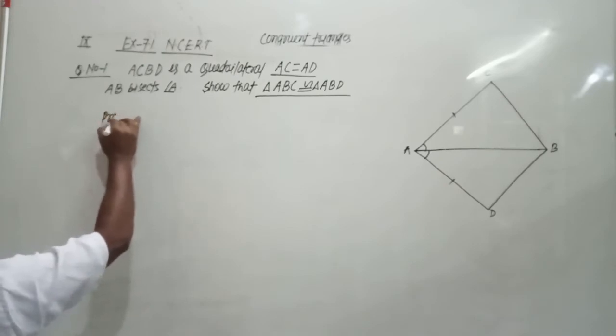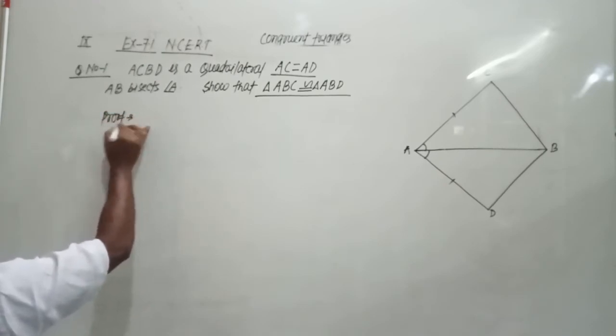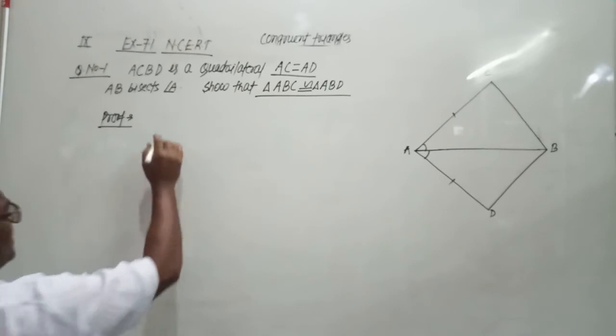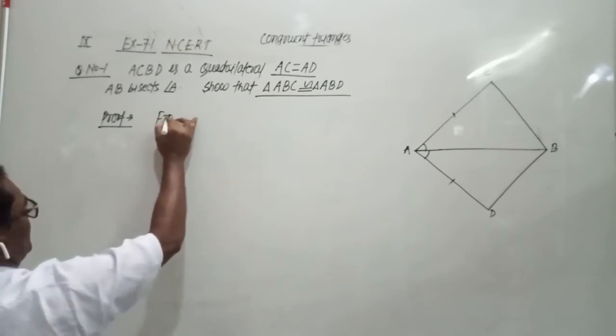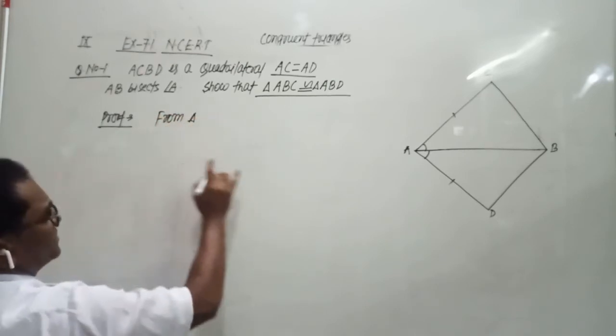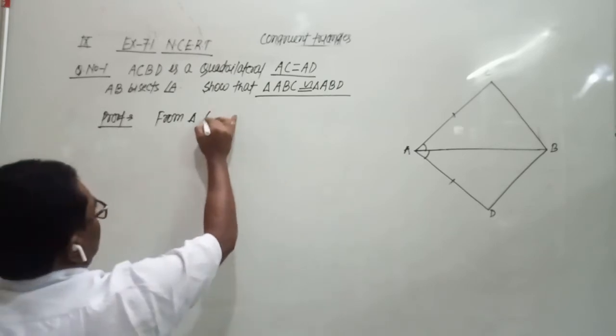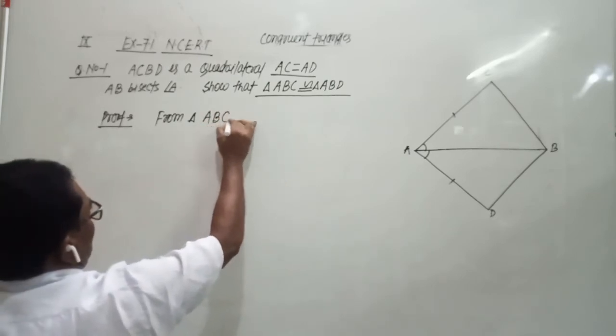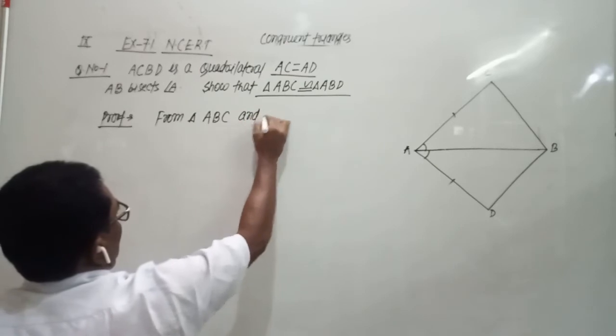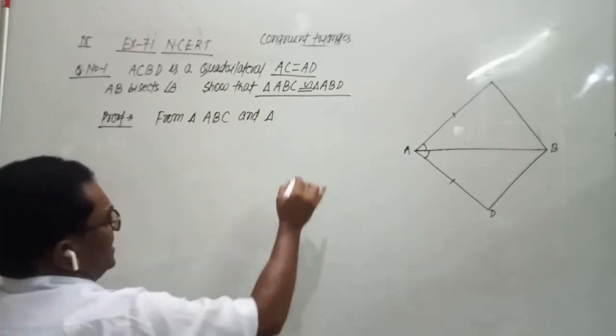So proof: we take two triangles, triangle ABC and triangle ABD.